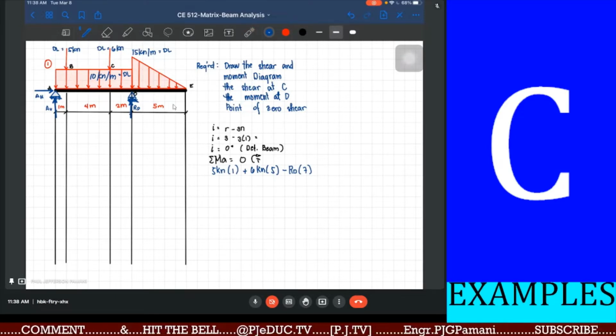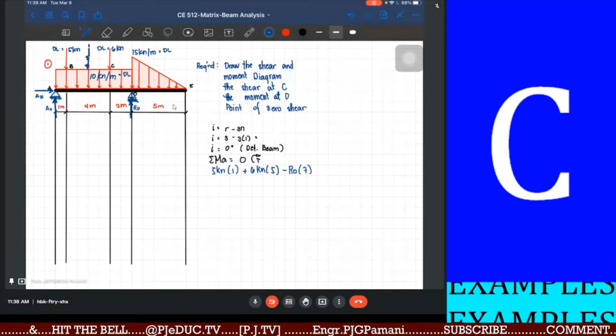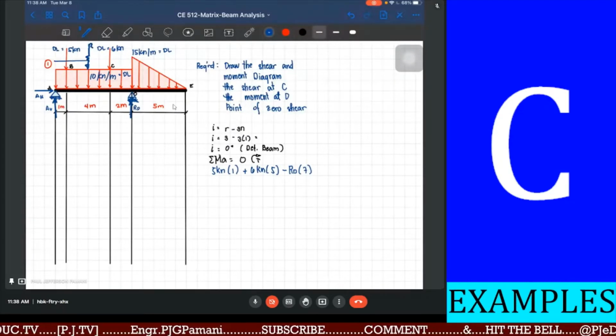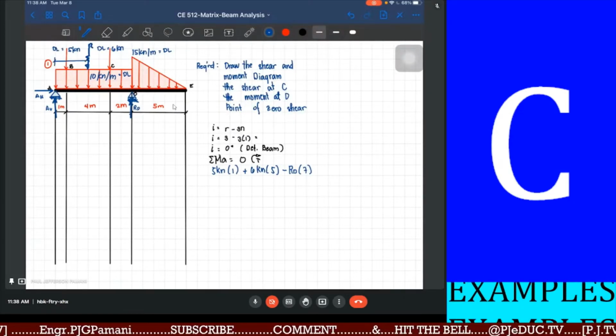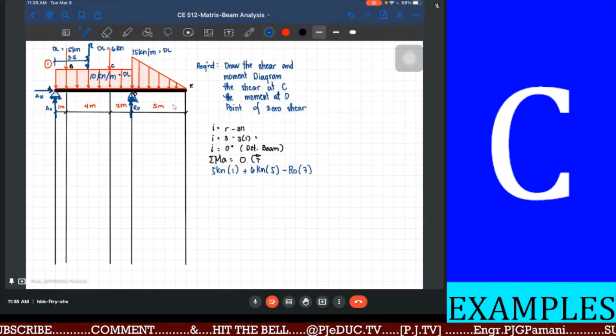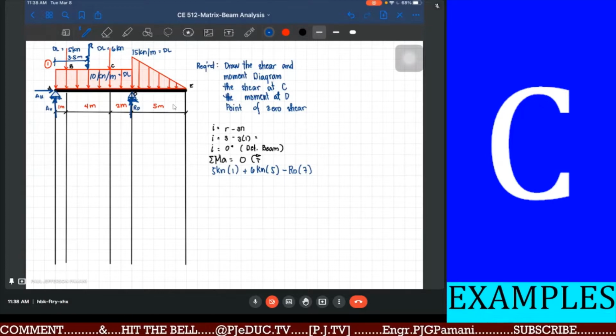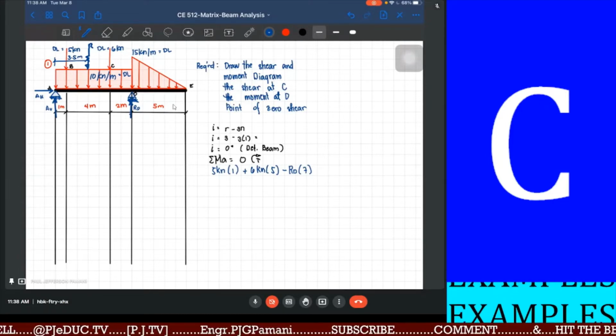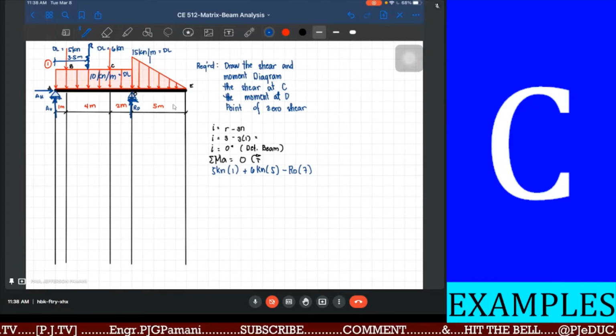So, ito yung ating resultant dito, which is half of its application. So, half of 7 meters, that is 3.5 meters from point A. Okay, we still need to solve the R of the uniform load. Then, the varying load.